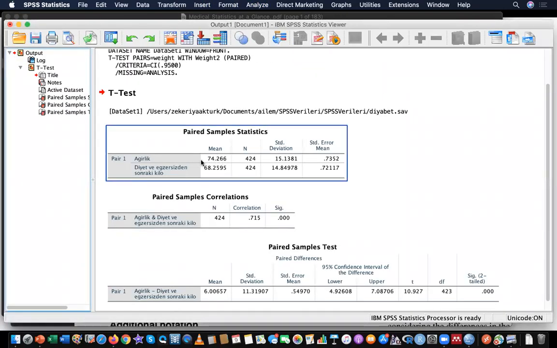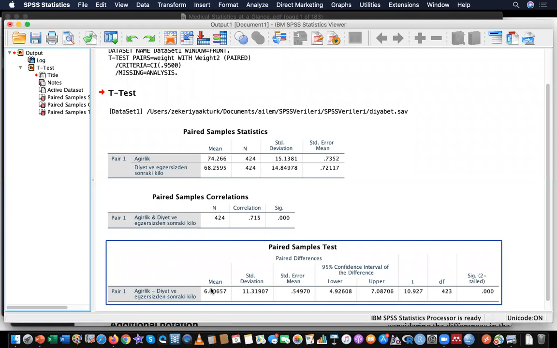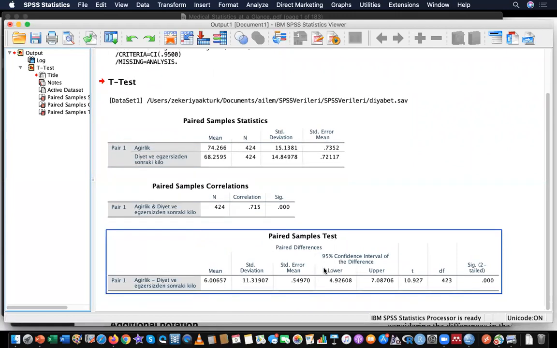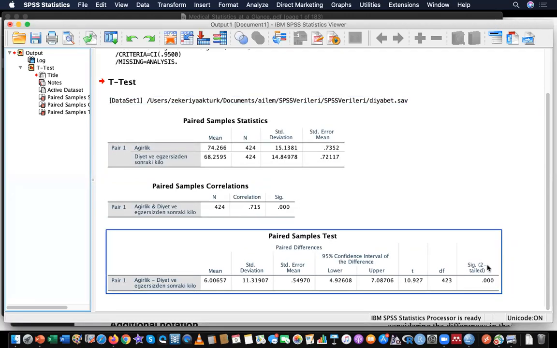You see, the mean weight before was 74 kilograms, and after exercise it became 68 kilograms. And here you see the standard deviations. And there is a mean difference, of course. Is it significant or not? We have to check the p-value. This is the significance. The p-value is almost 0. It is never 0, as you know.